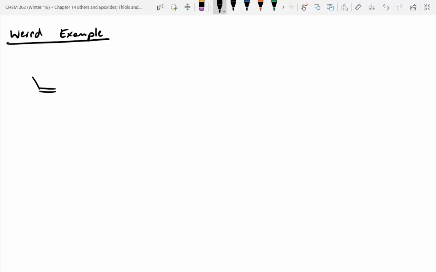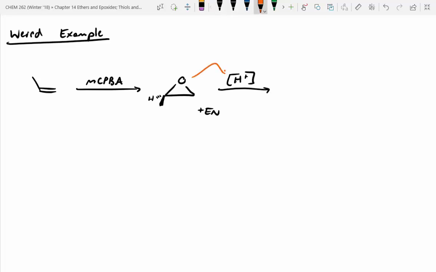What happens if we don't have a tertiary carbon? So in this example, I'm going to treat this with MCPBA. We're going to make an epoxide. This time we do have to worry about enantiomers because we know we have got a hydrogen here, so I'll just write plus En. Same thing, we're going to treat this with acid. So this oxygen will now have a positive charge.